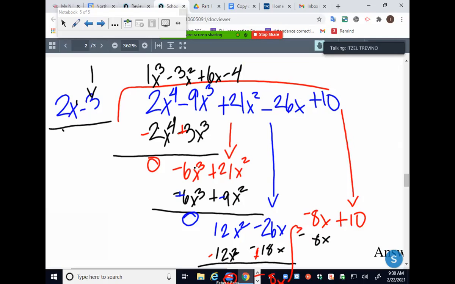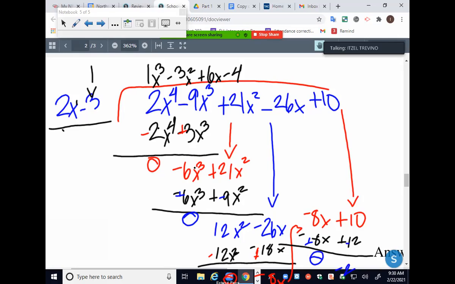Negative 4 times negative 3 gives me positive 12. Negative times negative is positive. And we're subtracting. Don't forget to change the sign. This turns to positive, this turns to negative. So 8x minus 8x gives me 0. 10 minus 12 gives me negative 2. So what is this called here, this negative 2?